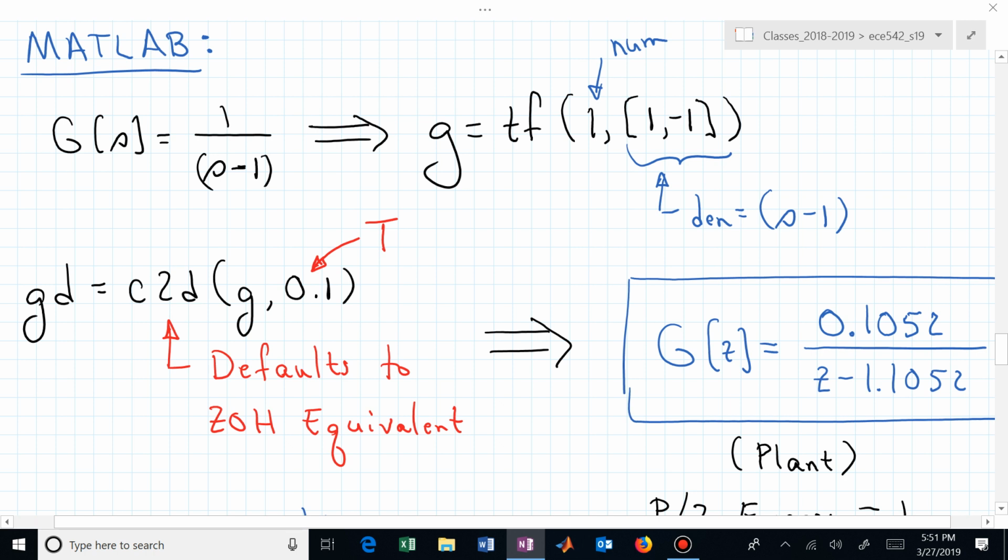You put the numerator polynomial in first of the two arguments, and the second argument is a vector associated with the denominator polynomial. In this example, our numerator is pretty basic. It's just a constant of 1.